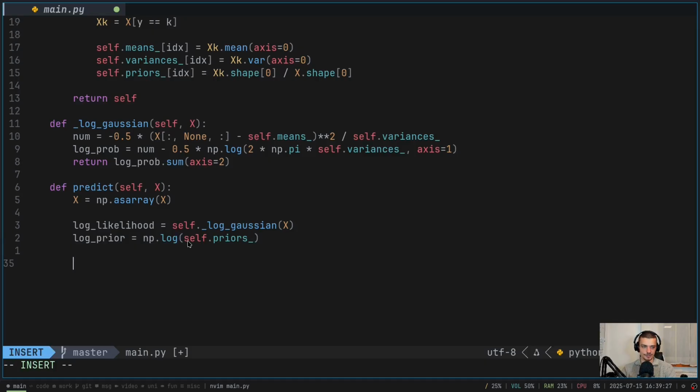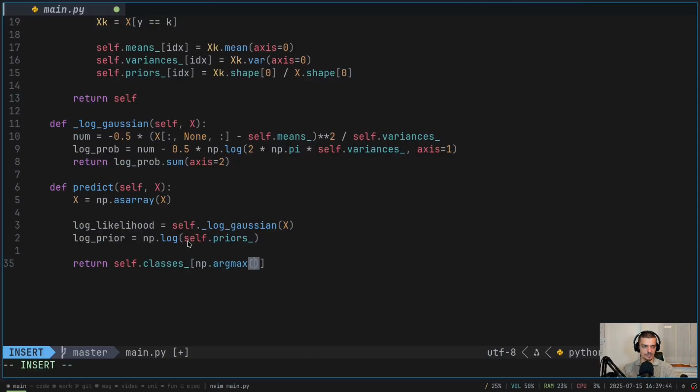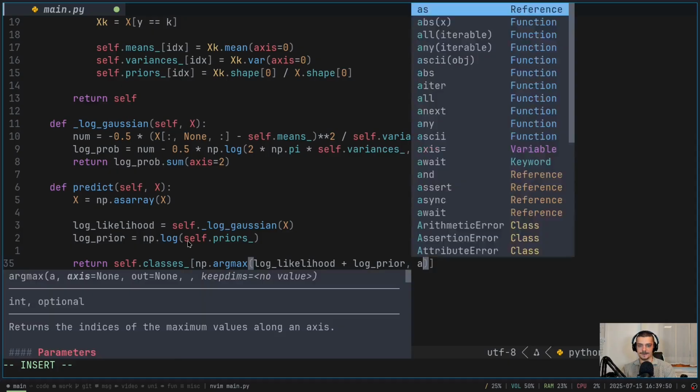Now we have these two, and of course we need to add them as well. So we need to return self.classes, and we can do that in one go. We can choose the class where this probability is the highest by using argmax. I can just say np.argmax of the log likelihood plus the log prior probability on axis 1.